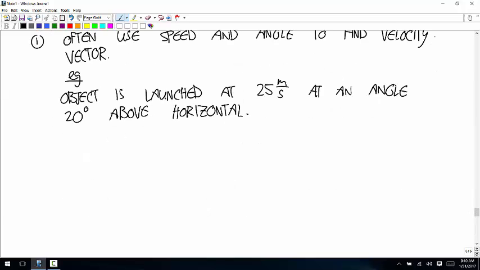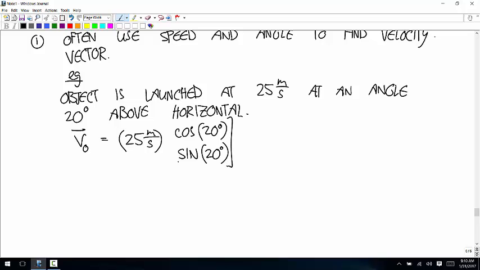And the way you'd use that information is your v sub 0 vector would be the speed, 25 meters per second, times the cosine and sine of 20 degrees. Can someone multiply that out for me? What's 25 times cosine of 20 and what's 25 times sine of 20?